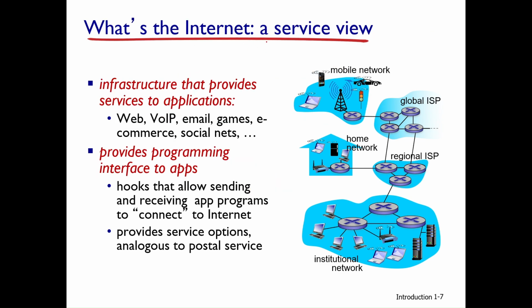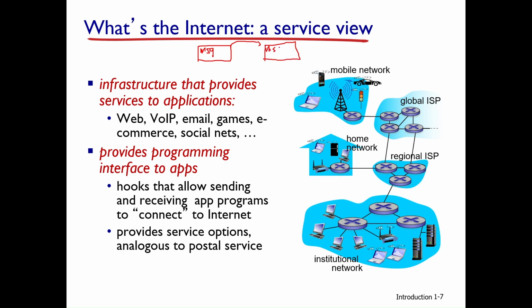So what's the internet? We saw the nuts and bolts view. What about the service view? An infrastructure that provides services to applications. We run a web app, and where does the data come from? Or you are sending a message from that web application to a friend who has that web application. How does that message reach there?